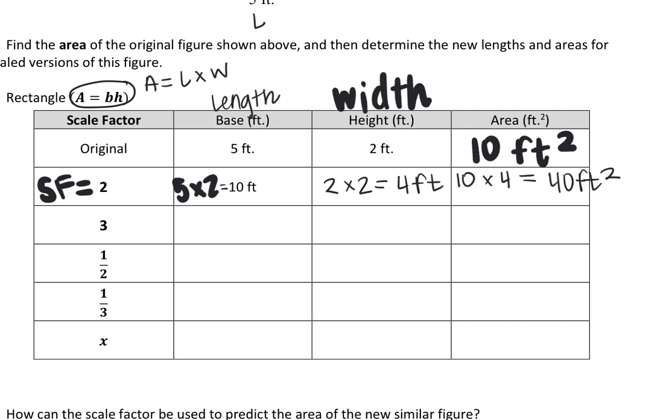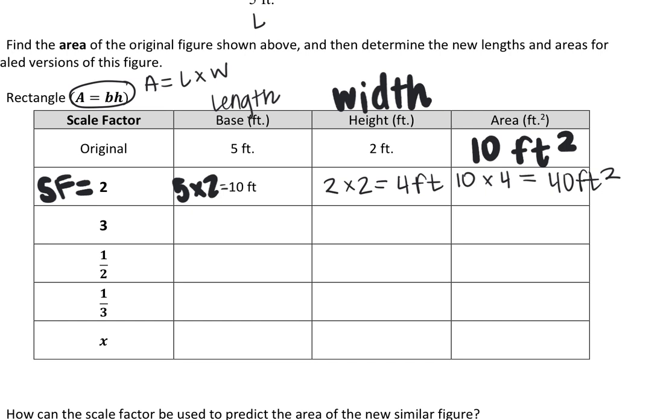Okay, so if I were to double the size of the original rectangle, what happens to the area? Well, the area now is 40 feet squared. If we compare the area from the original, which is 10 feet squared, and the area of the new figure, which is the scale factor of 2, it's 40 feet squared. What happened is that it got 4 times bigger.